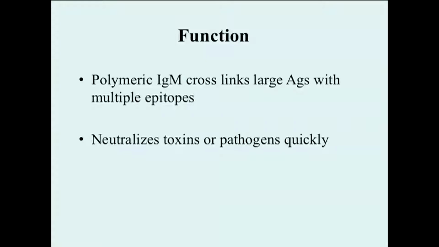Now, since IgM has multimeric antigen binding sites, it is very useful in the neutralization of virus or bacterium. It has been found that when RBCs bind to specific antibodies, they precipitate out, and this process is called agglutination.